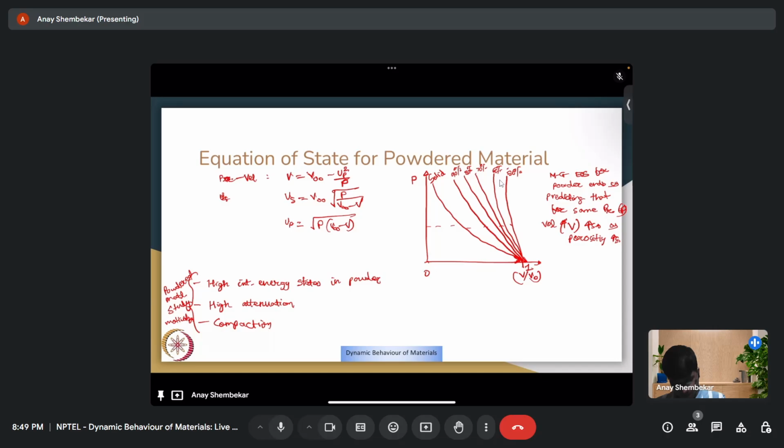Okay, so I think this is the gist of powdered materials. I think we are out of time today. If you want, I can upload these derivations for the powdered material separately on the discussion forum. I at least hope that some of the concepts might be clear, especially those related to the Mie-Gruneisen equation of state.